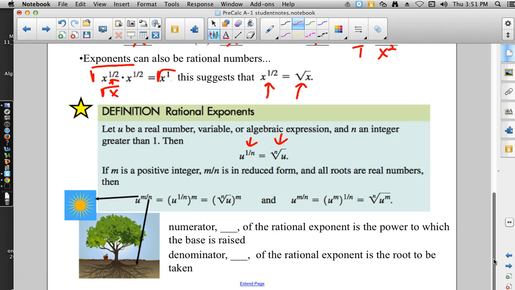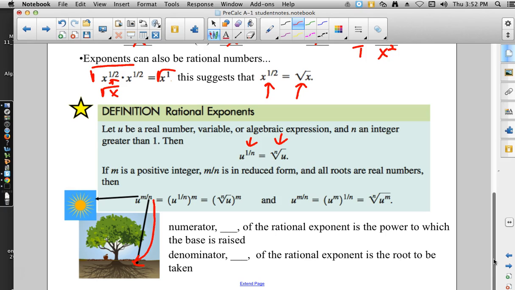If m is a positive integer, m over n is in reduced form and all roots are real numbers, then we will always find that our denominator comes from the root. Notice that's the root of the tree. So if it's on the bottom of the fraction, it's the one that goes down into the ground, and it is the root. So we have a couple of different ways that we can deal with that.